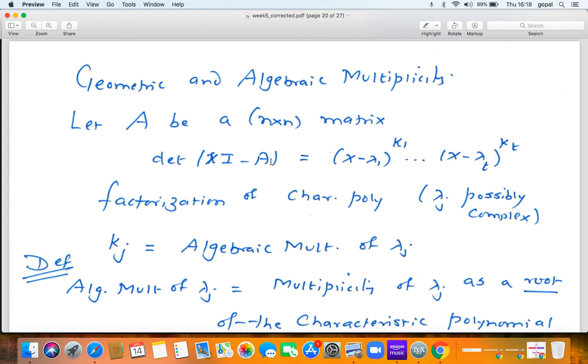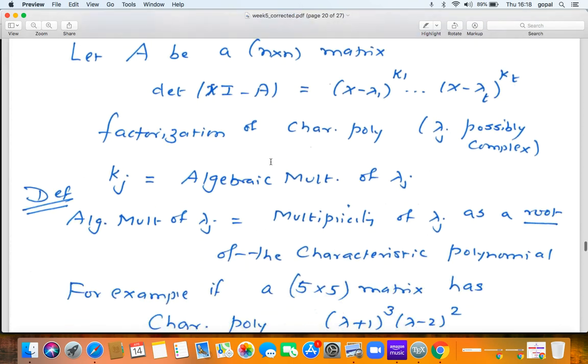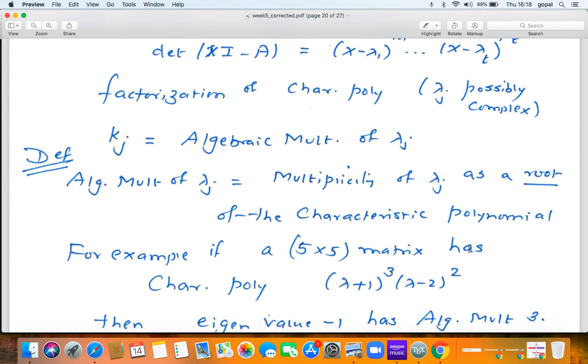The algebraic multiplicity of the eigenvalue lambda j is the multiplicity of lambda j when seen as a root of the characteristic polynomial. Suppose, for example, you have a 5 by 5 matrix A and you compute the characteristic equation and you find that the characteristic polynomial is (lambda plus 1) cubed into (lambda minus 2) squared.